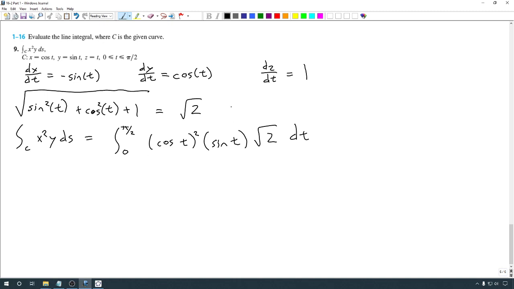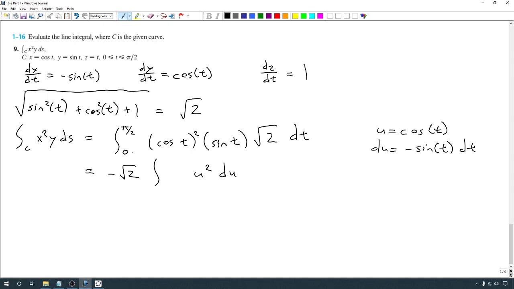Of course, I'll go ahead and pull out the square root of 2, and we'll make a substitution here. I'm going to make the substitution u equals cosine of t. It means that du is negative sine t dt. So we'll have to deal with that extra negative that will be introduced, but we do have the sine t dt. So we have a negative square root of 2, we have u squared in there, du.